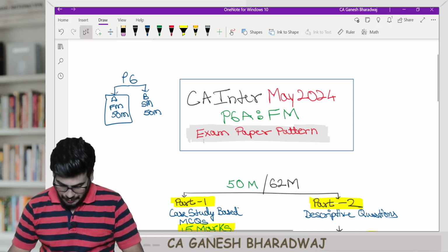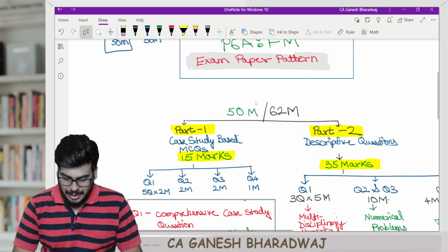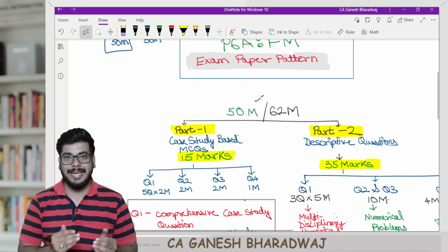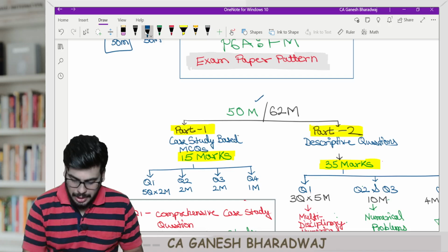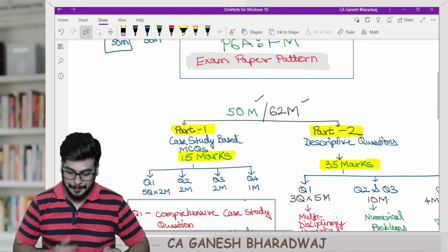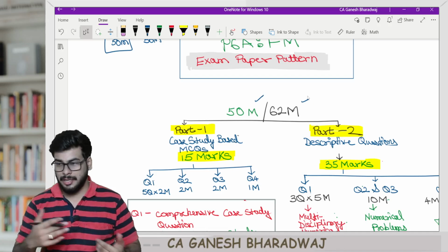Now guys, this financial management part is being tested for 50 marks, so you need to write for 50 marks. However, the exam paper gets printed for 62 marks. I'm just talking about the financial management component, right? I will tell you how this 62 marks is arrived at.